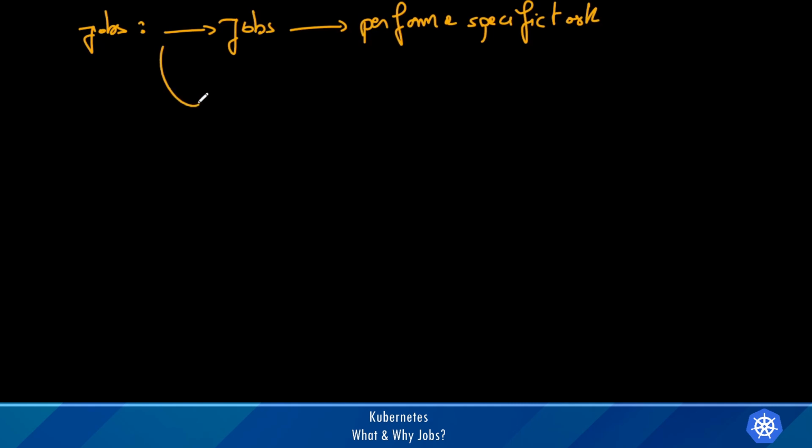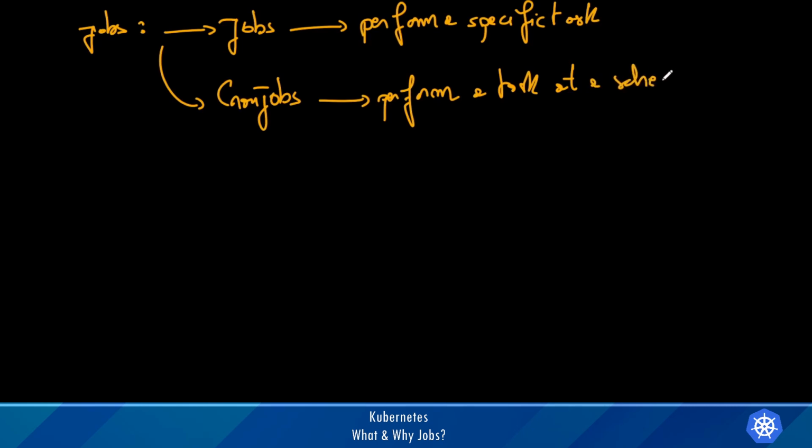And we have another type, and it is called CronJobs. CronJobs are used to deploy applications to perform a task at a scheduled time.